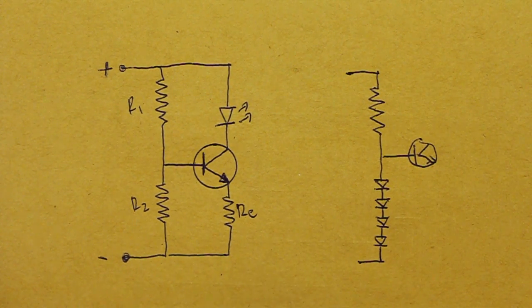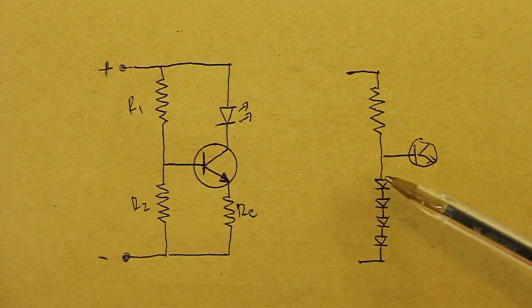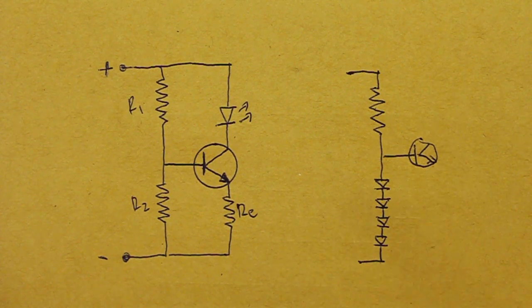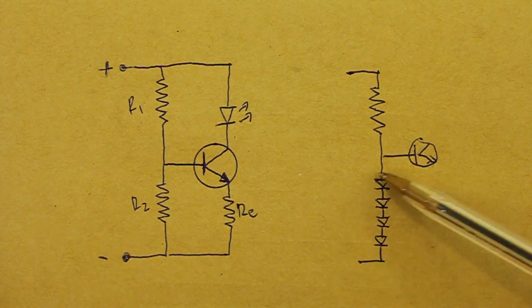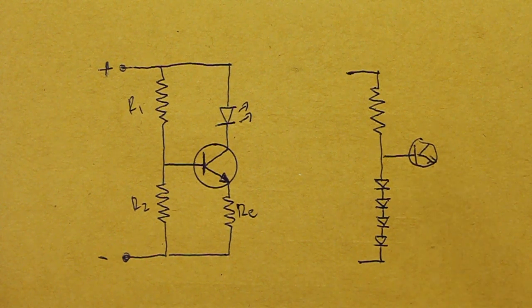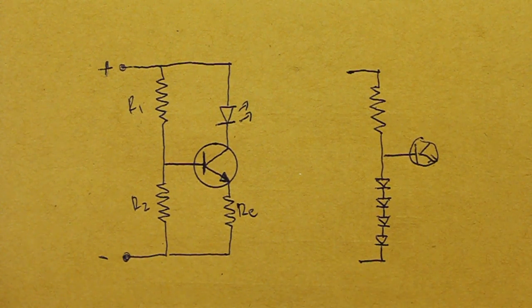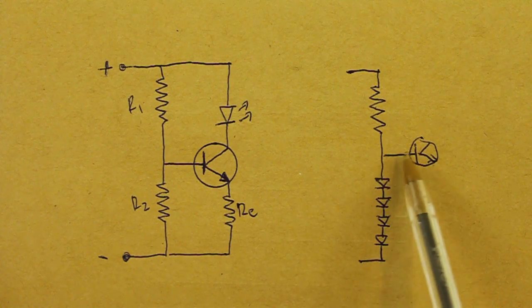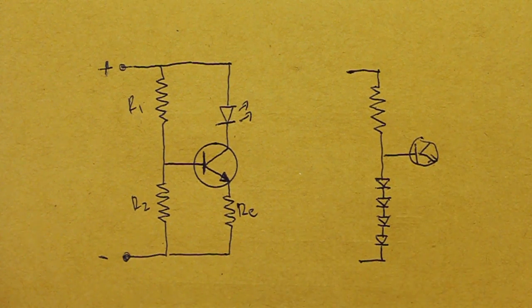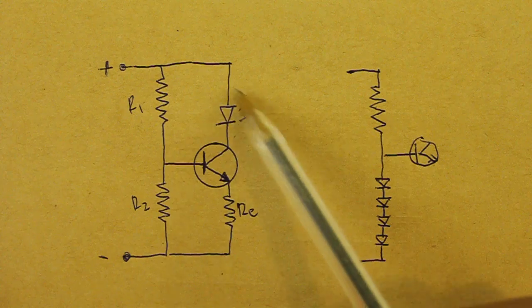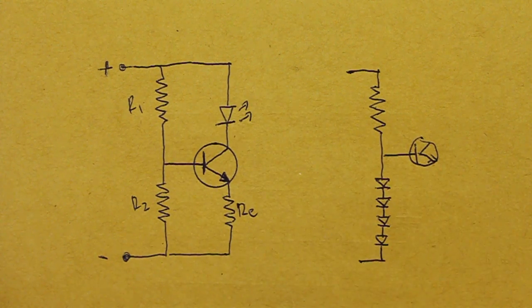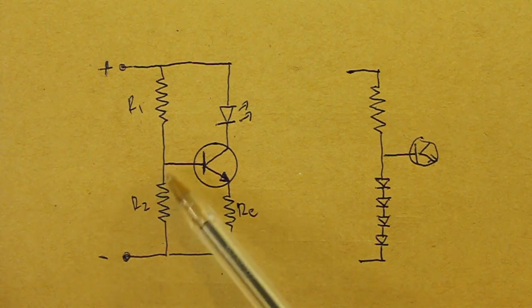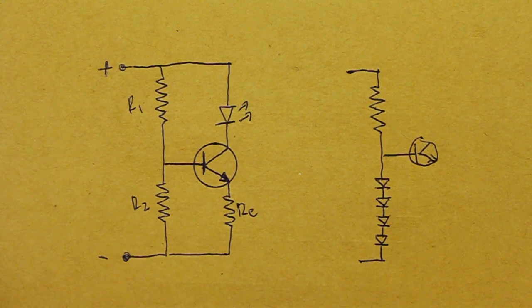As you know, each diode represents a voltage drop of approximately 0.8 volts. So if we put 4 diodes in series, we will have a voltage drop between these points of 3.2 volts. And that will be the voltage that we apply at the transistor's base. So our current at the load, which depends on the base voltage, will be more constant than using a resistor at this point.